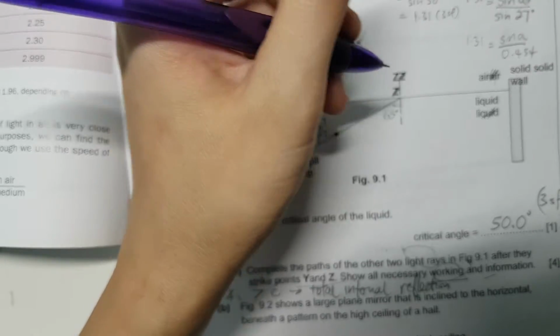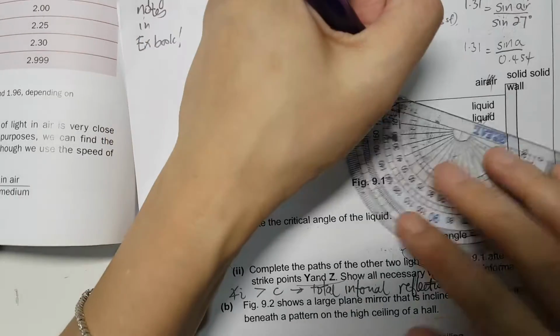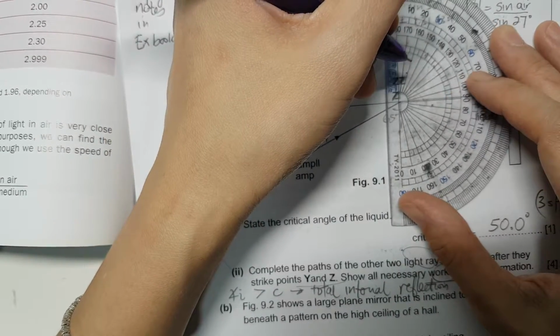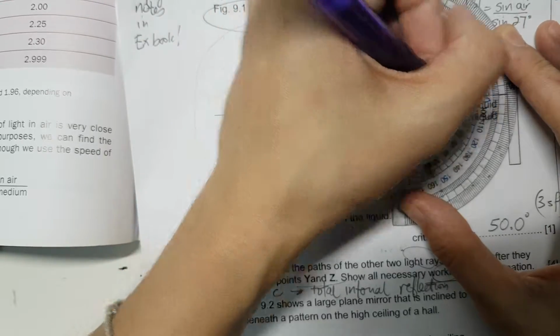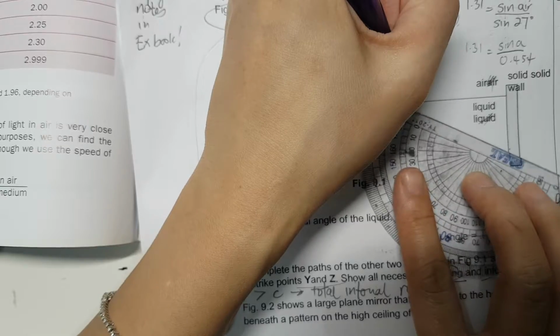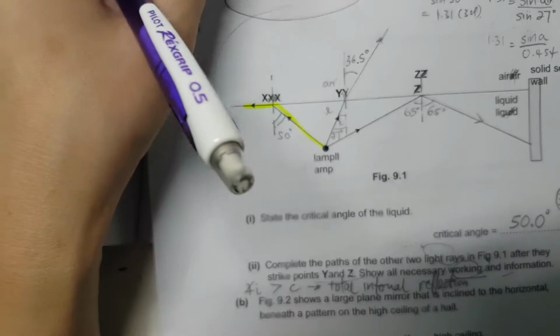Now 65, the angle is greater than the critical angle, so what happens? Total internal reflection occurs. Okay, so that's your answer, 4 marks.